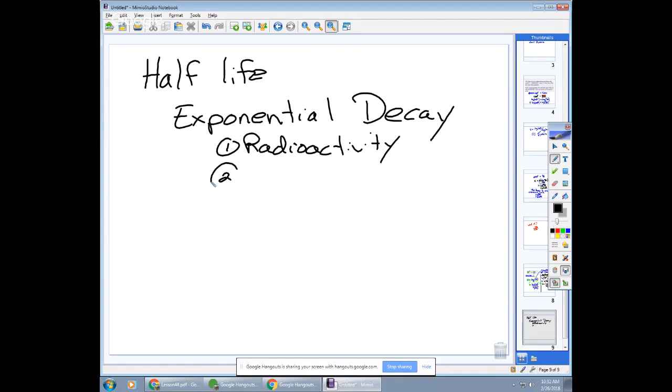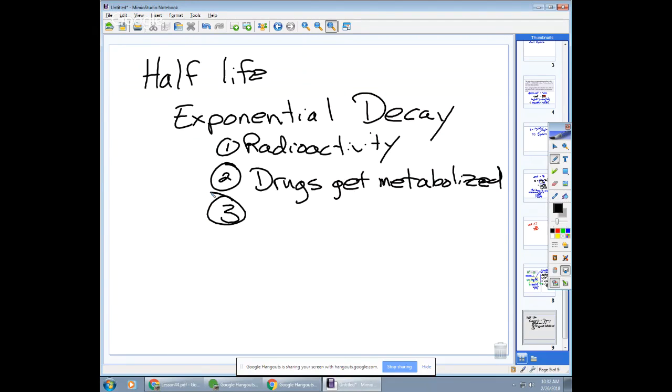Where else have we seen exponential decay? Ibuprofen, right? So drugs getting metabolized or substances getting metabolized. Where else have we seen exponential decay?